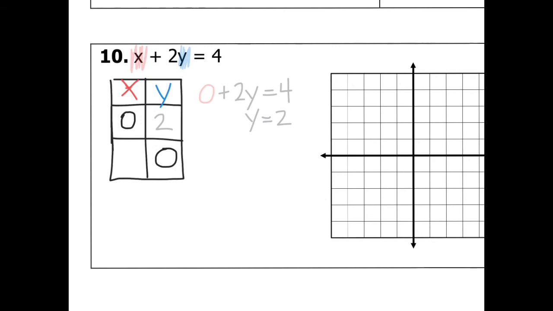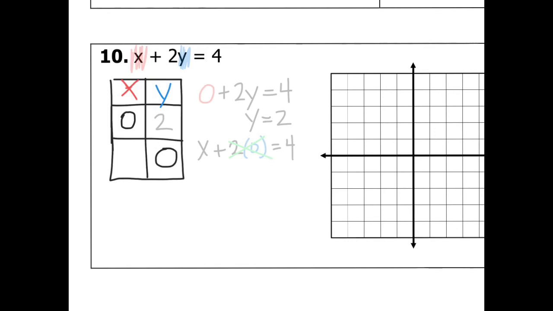So what that looks like is x plus 2 times 0 equals 4. We know that 2 times 0 just equals 0, so that takes that out of the equation. And what I'm left with is if y is 0, x is equal to 4. I didn't even have to do any math there.